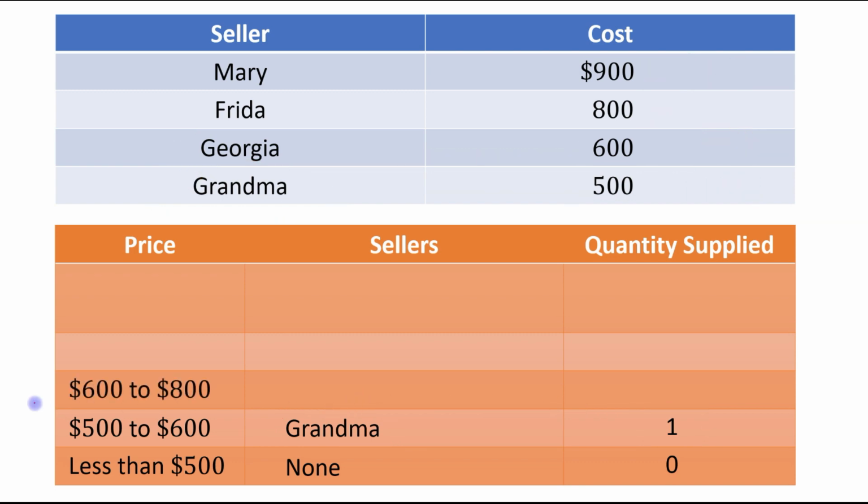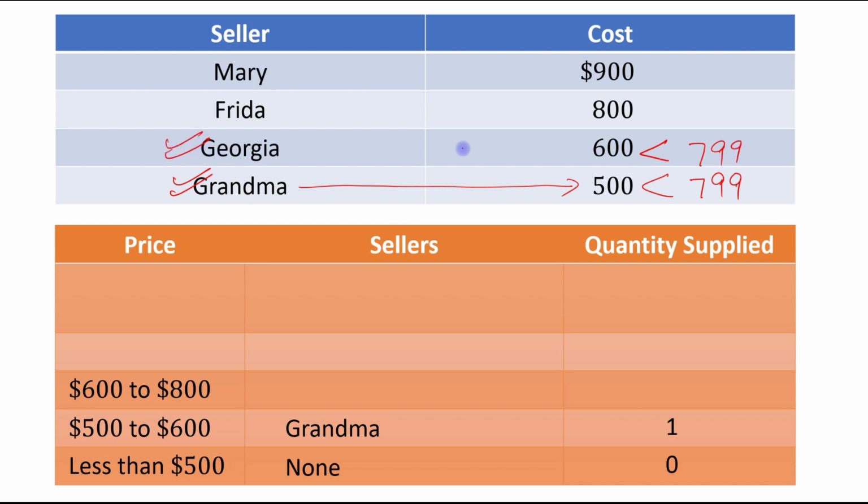Next one. When the price offered is between $600 to $800, let's take it as $799. So grandma will be willing to sell her painting services. Same is the case with Georgia. Georgia will also be willing to sell her painting services.